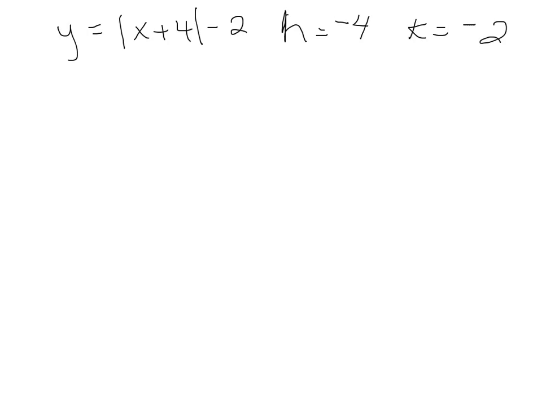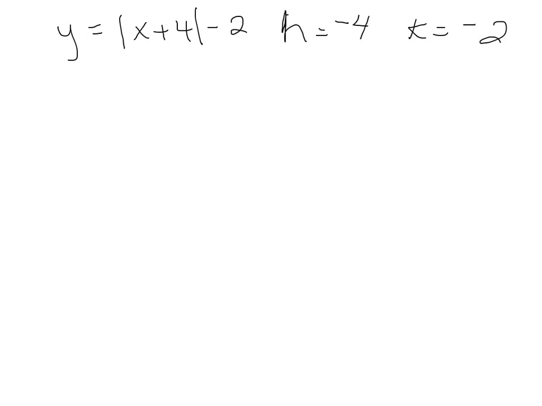Alright, so then our parent function goes from the y, the equal sign, and it stops right before we get to h. So our parent function is y equals the absolute value of x, because this part is (h, k). That's not a part of the parent function.